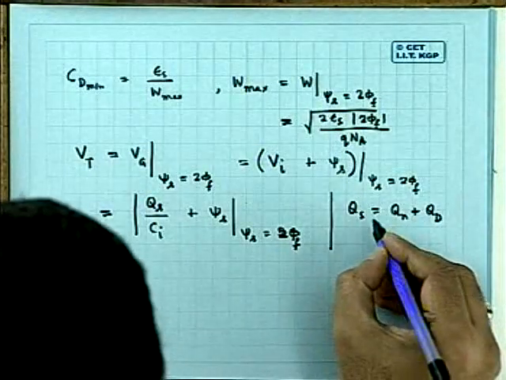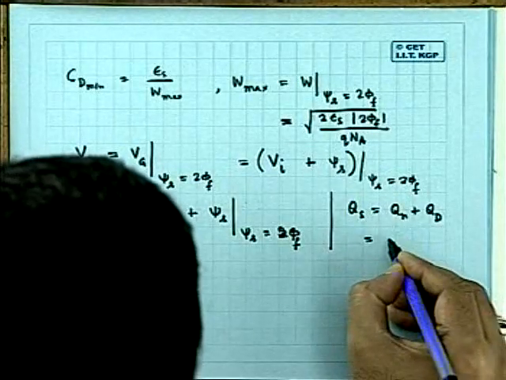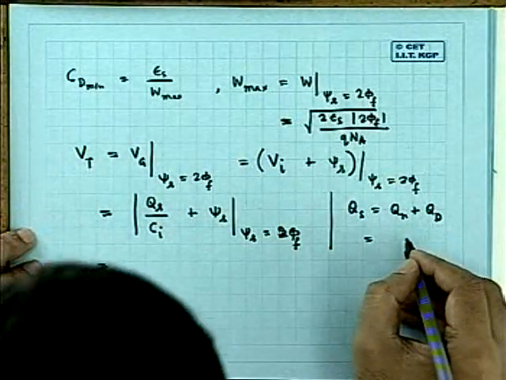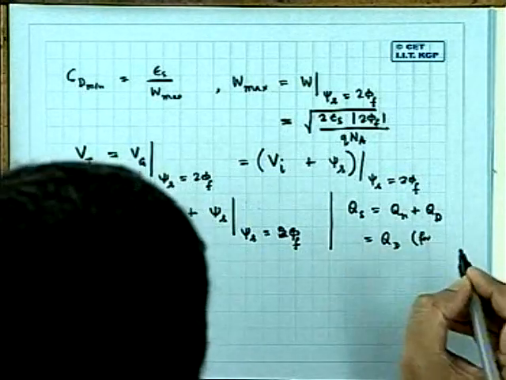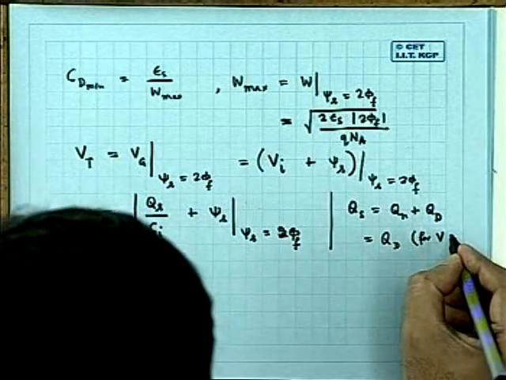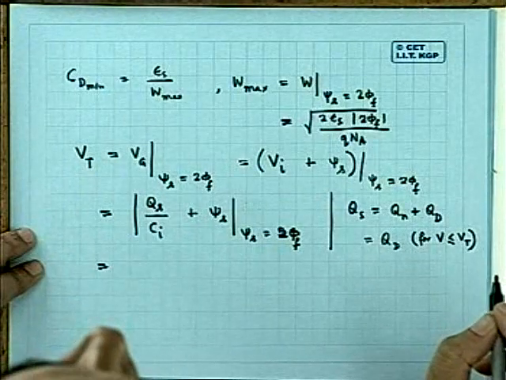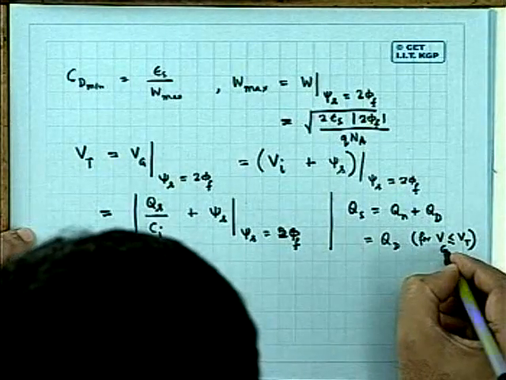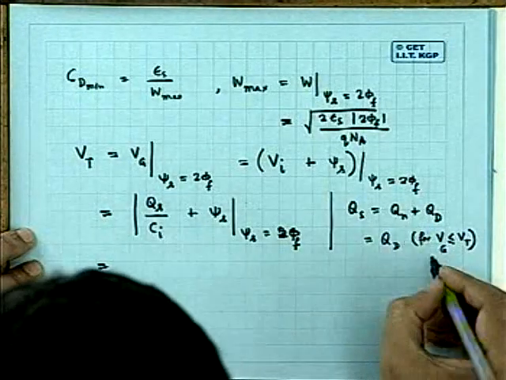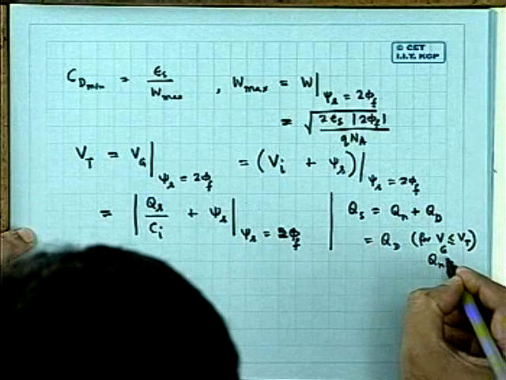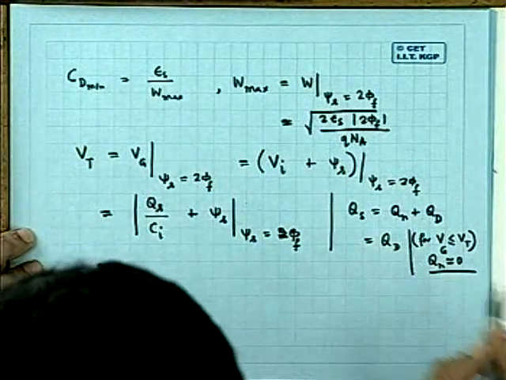So Qs is equal to simply Qd for Vg less than or equal to Vt, because we have assumed that Qn is practically not present. Okay?